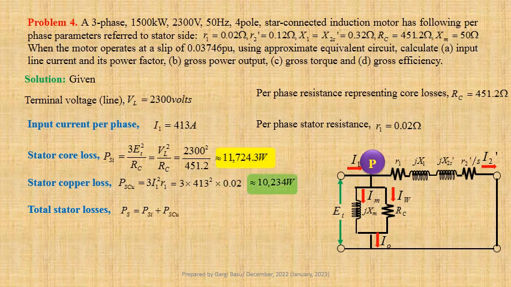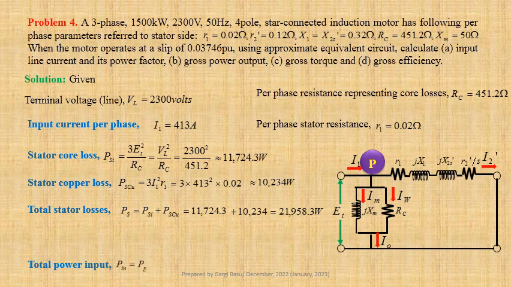Using values we get 11,724.3 plus 10,234. That gives us 21,958.3 watt.